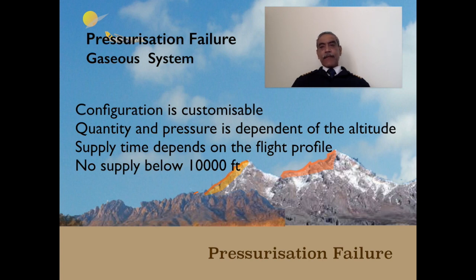So if the aircraft has come down to a lower altitude, that much more oxygen is preserved, and therefore the supply time increases a little bit. So we can conclude that the supply time of oxygen depends on the planned flight profile of the aircraft, and of course, the supply stops below 10,000 feet, conserving all the oxygen.